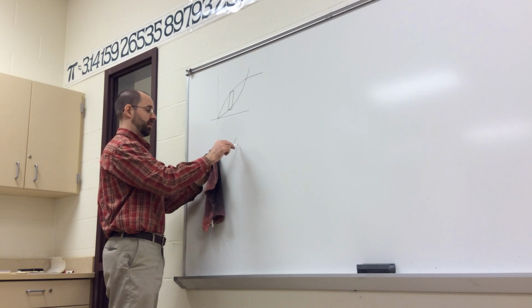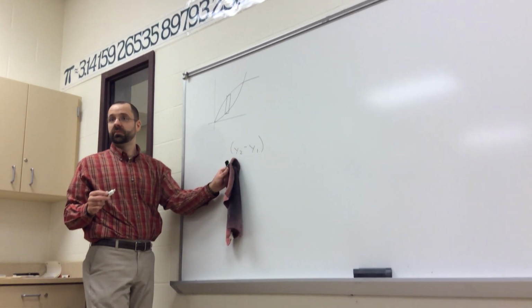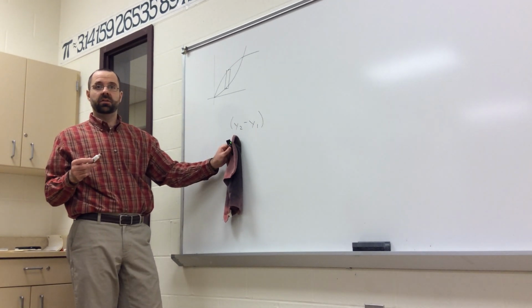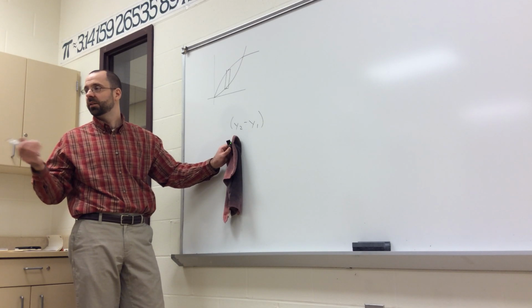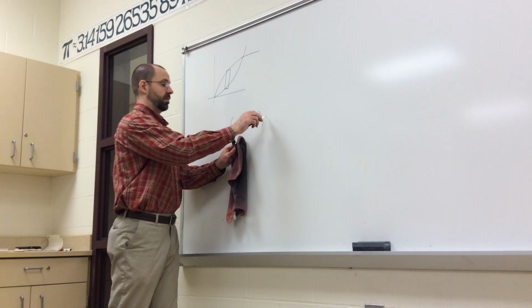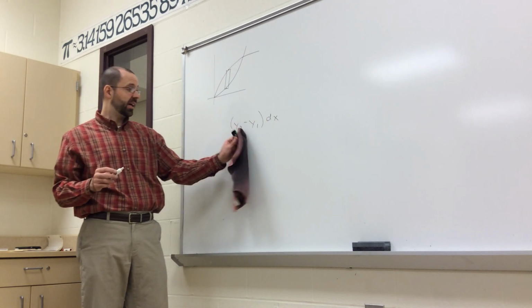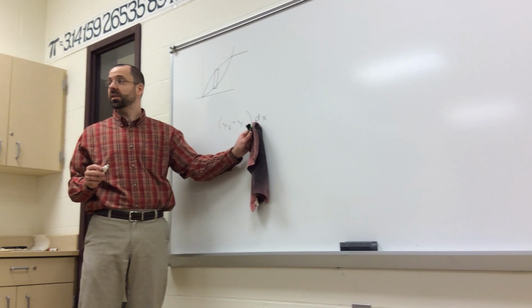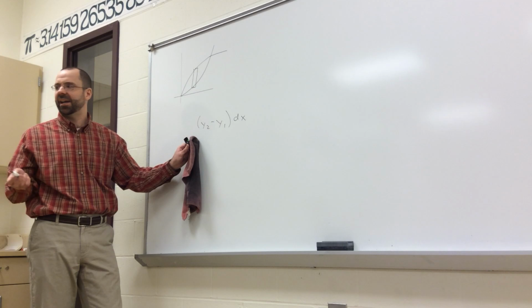So the height of the rectangle is y2 minus y1. And once we go infinitely thin, which we're going to do, right, the width of the rectangle will be dx. So we have the height of the rectangle times the width of the rectangle, and then there's going to be infinitely many of those to add up.